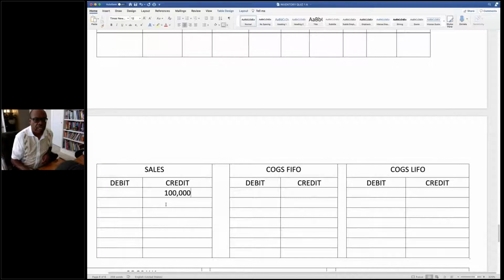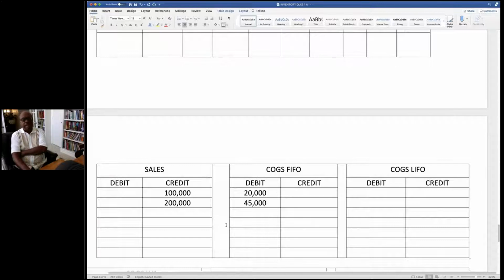So I'm putting these into the T account now. And what were the first cost of goods sold numbers? 20,000 and 45,000. Because we have a lot of transactions, we're only posting the credit for the sales and the debit for the cost of goods sold.